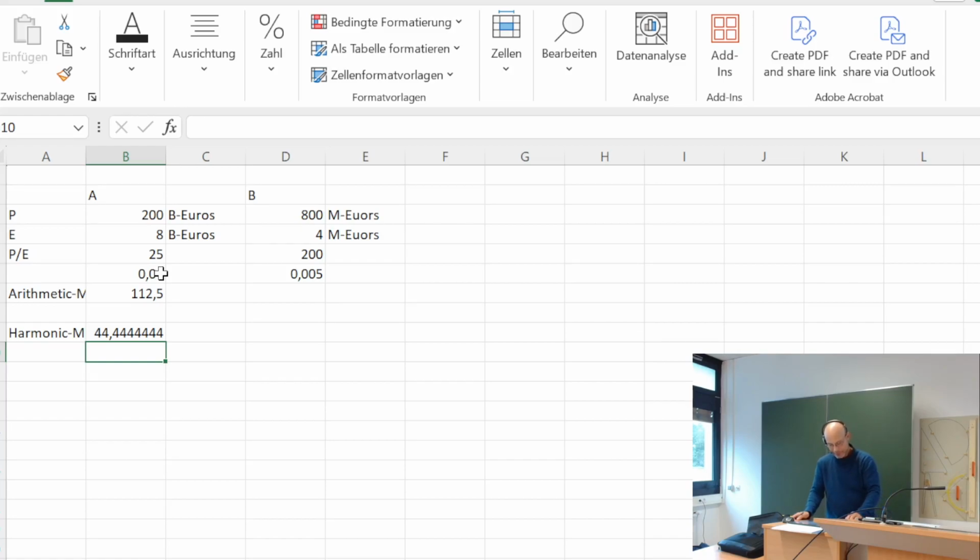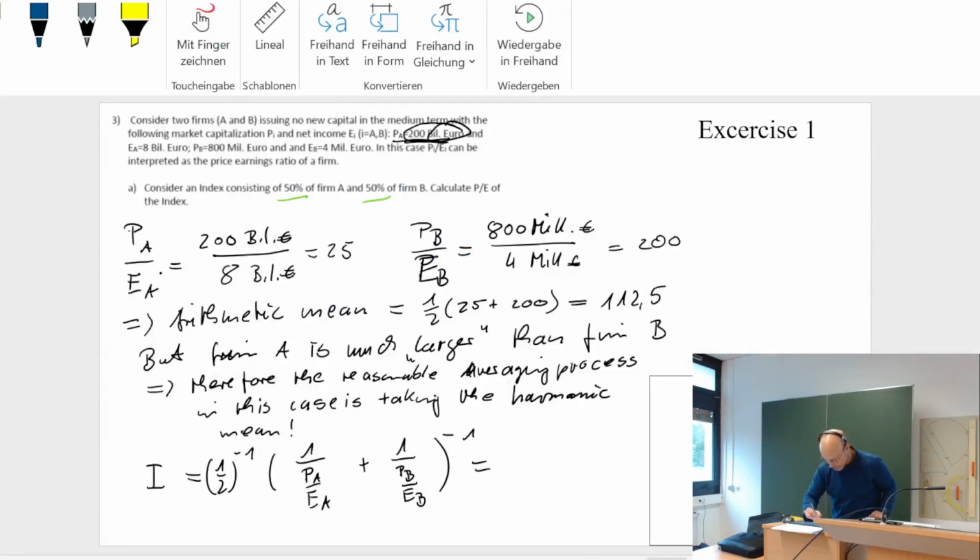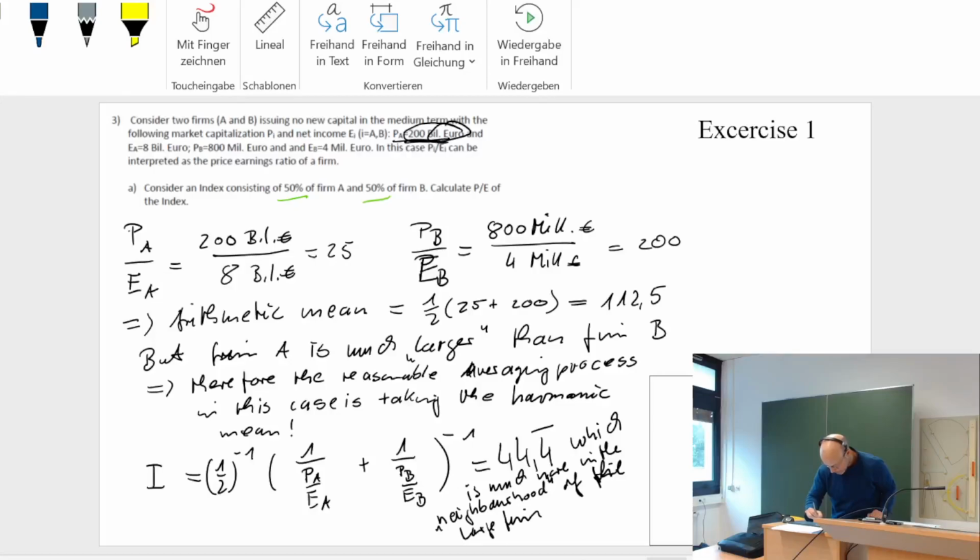So this is then 44, which is much more in the neighborhood of the large firm A, like it should be.